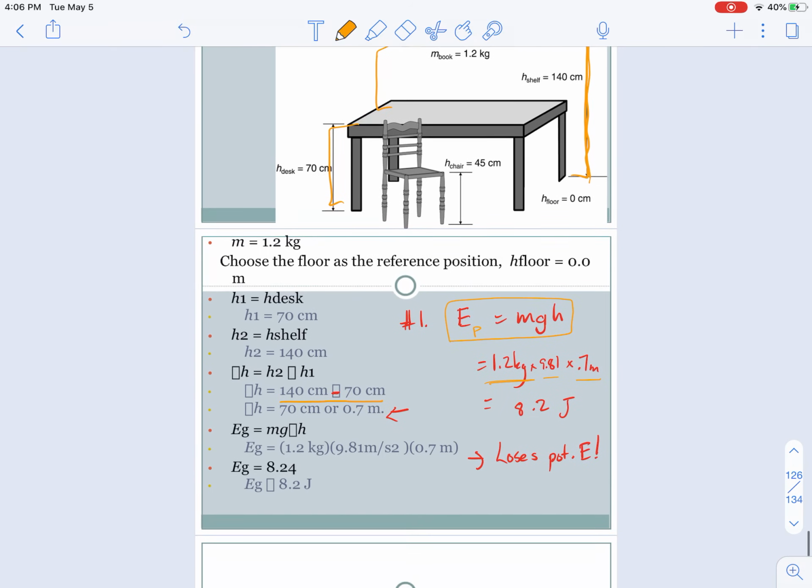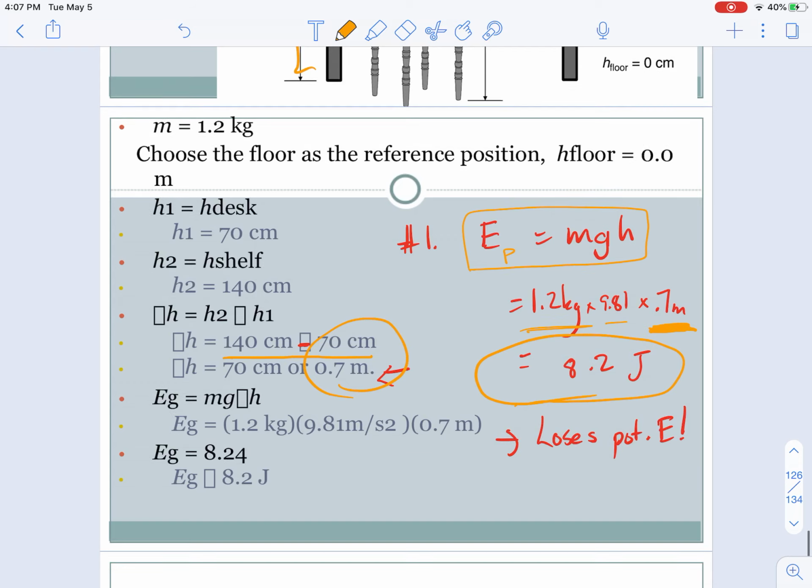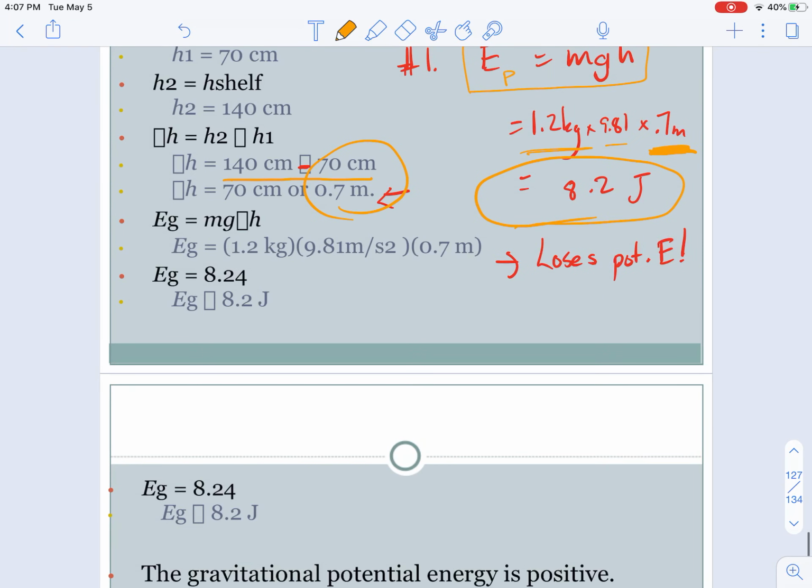And remember that the desk here is 70, and because this whole area is 140, this is also 70. So you're subtracting here 140 minus 70, so the answer is 70 centimeters, but you need to use the value in meters. So 70 centimeters is 0.7 meters, which is why I used 0.7 meters to calculate, and the answer is 8.2 joules.